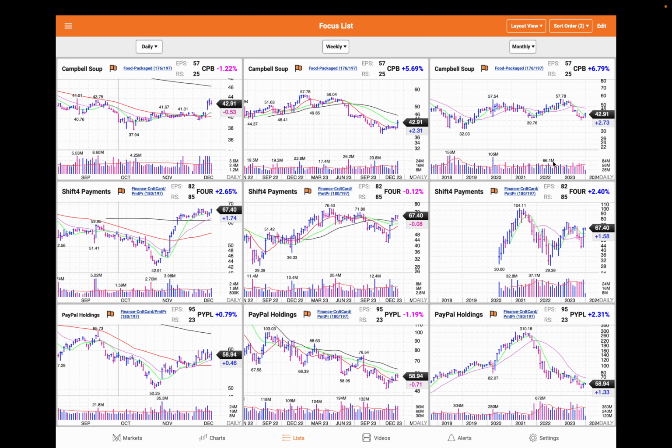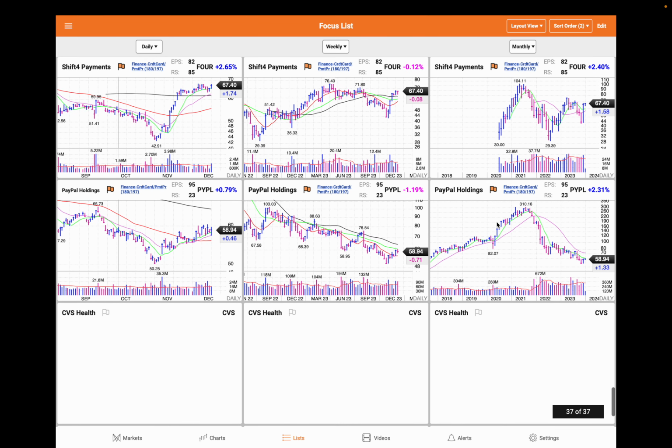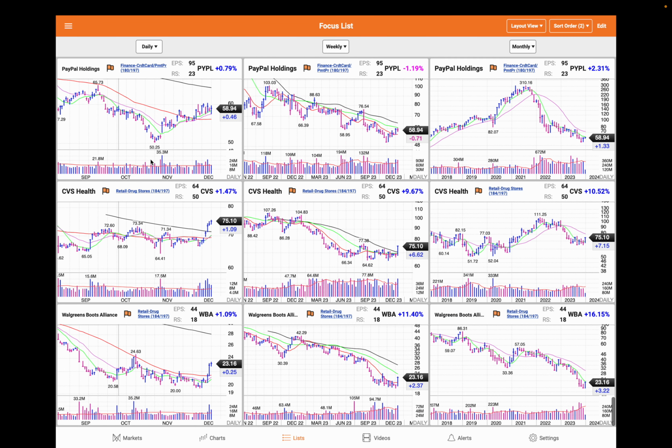But I see a potential shift from growth to value. Same thing is happening with PayPal: stronger volume, stronger uptrend, but the monthly chart shows lots of overhead supply. But CVS looks pretty good in my eyes.